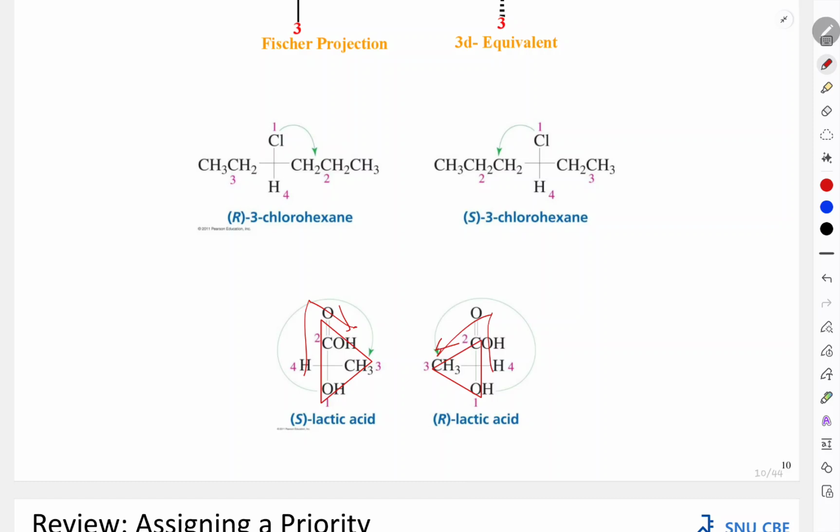That's why this is R configuration. This is the opposite case. This is the natural one. And then you can double check: this is the number 1 priority, chloro, then propyl, ethyl, and this will give you the counterclockwise rotation. That's why this is the absolute configuration of S. And you can practice this as well.